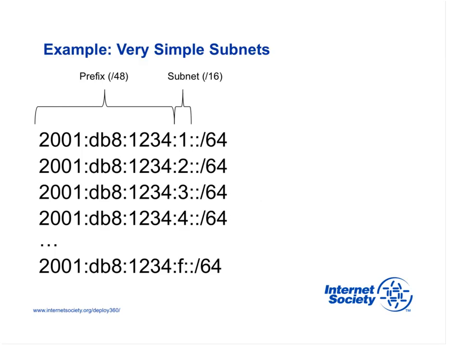You can just use it because it's very simple. Now, this is a super simple case, and it is one way you could allocate that. If you have a very simple infrastructure, you don't have a lot of real need for subnets other than one level, then maybe you can go this route and just make it simple. But we want to talk a bit about how we can make it a little bit more involved.